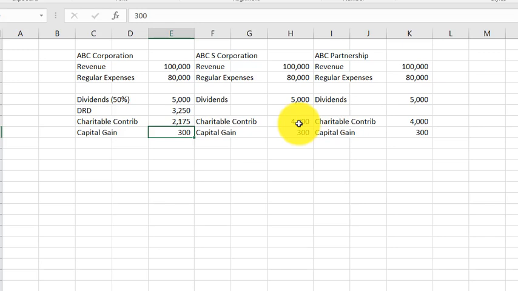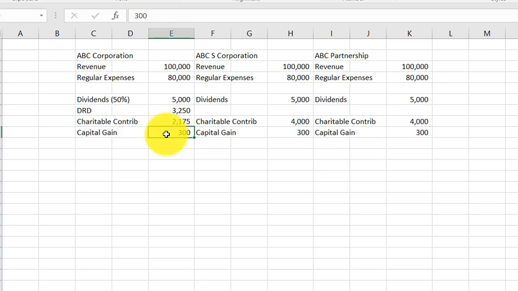Remember, there's limitations for itemized deductions way back in Chapter 5, specifically 60% of AGI for cash contributions and that sort of thing. And we'll assume these are cash. That means that the S corporation doesn't need to worry about limitation. The shareholder does, as does the partner in a partnership. So that's how charitable contributions are different. It's just limited on the C corporation.